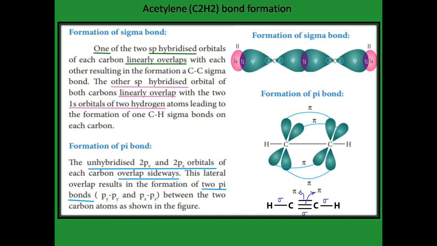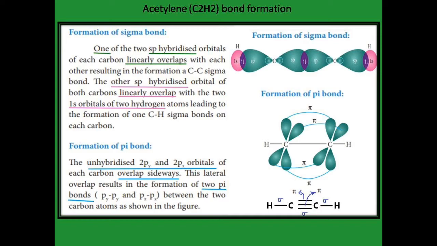You see the rose color, the left hand side 1s orbital of hydrogen and the right hand side 1s orbital of hydrogen, so that they form the linear structure.